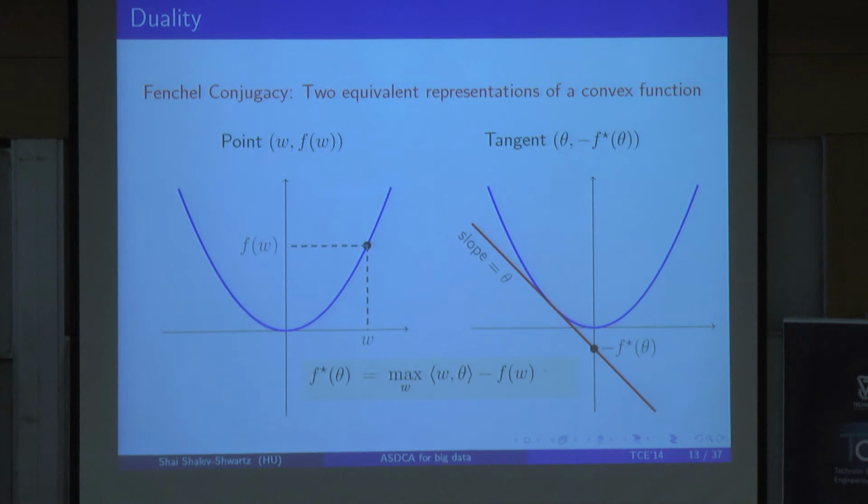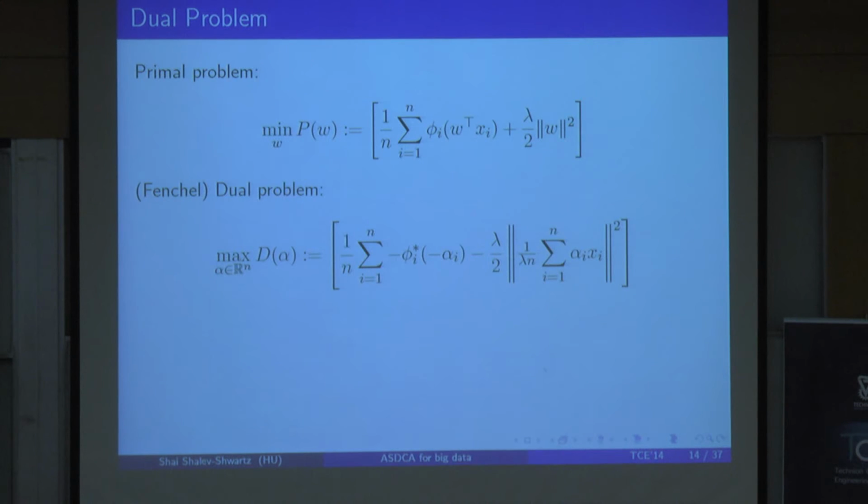So we can represent the function as w and the value f of w, or as the slope of a tangent theta and where this tangent intersects the y-axis, which is minus f star of theta. The function f star of theta that does this mapping from f to f star is called the Fenchel conjugate function. Based on this function, we can write a dual problem to the original problem.